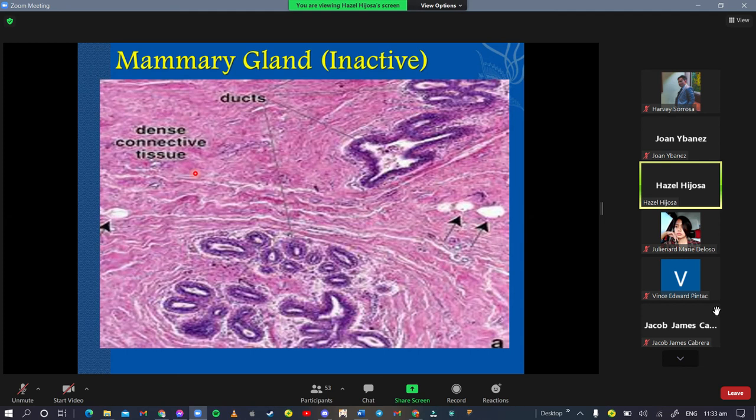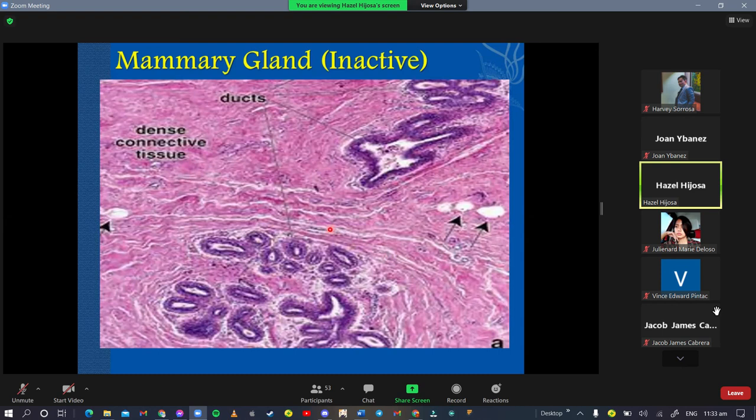Mammary glands are classified as modified tubulo-alveolar apocrine sweat glands. This lies within the subcutaneous tissue. Now, an inactive mammary gland is composed of about 15 to 20 irregular lobes separated by fibrous bands of connective tissue, and these lobes will further subdivide to form the lobules.